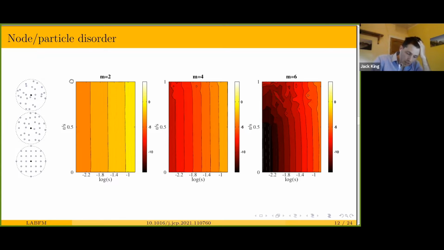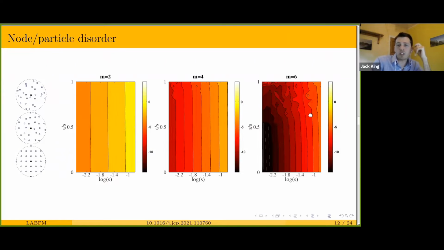And again, we see that these vertical contours indicate that the convergence rate is pretty uniform up to really quite high levels of node disorder. So for fourth order, we can get up to almost node disorder of the same order as the node spacing.